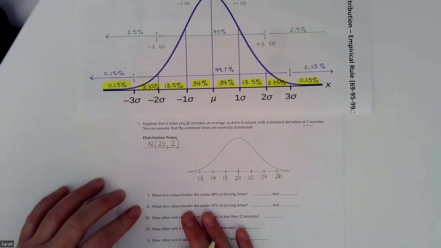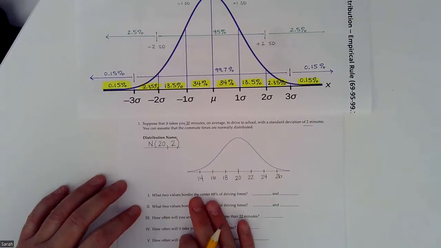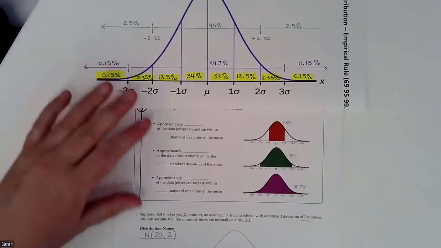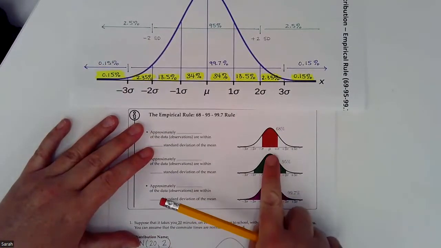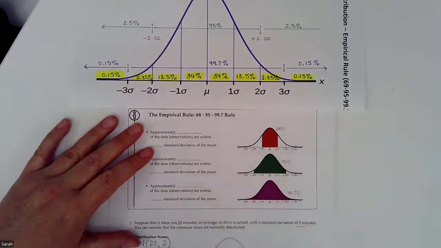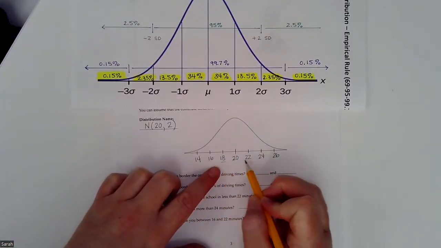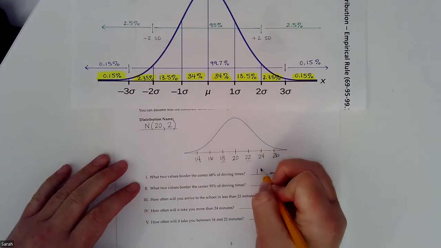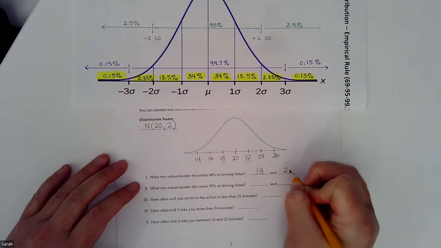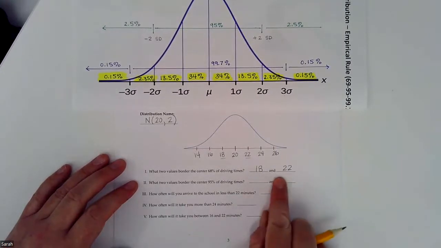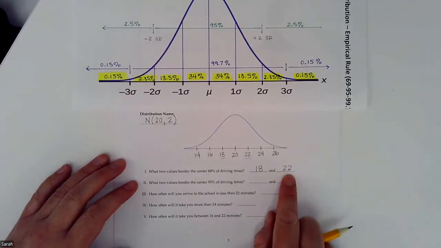And then our first question here says, what two values border the center 68% of driving times? So that center 68 is plus and minus 1 standard deviation. So 1 standard deviation will be 18 and 22. So 68% of the time, it'll take you between 18 and 22 minutes to make your commute.